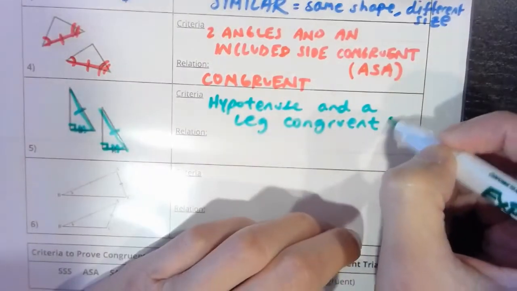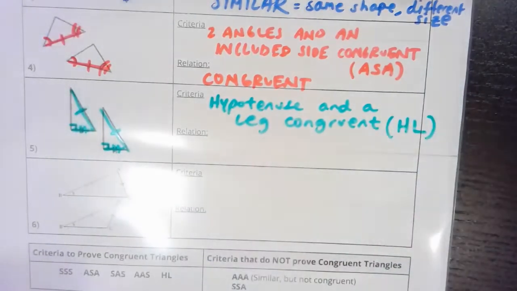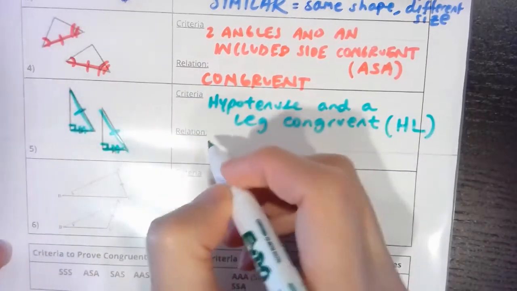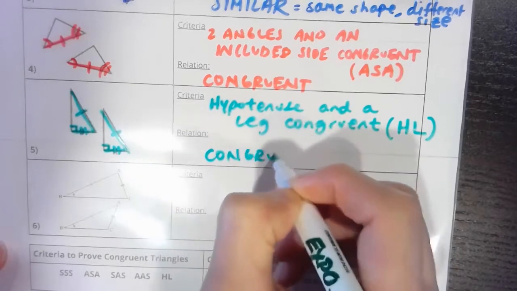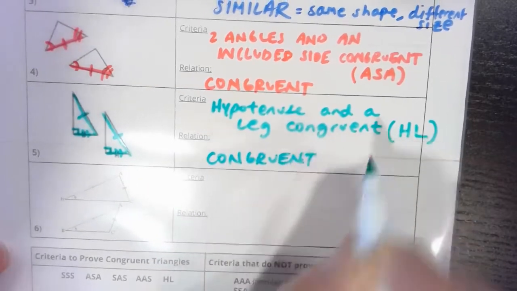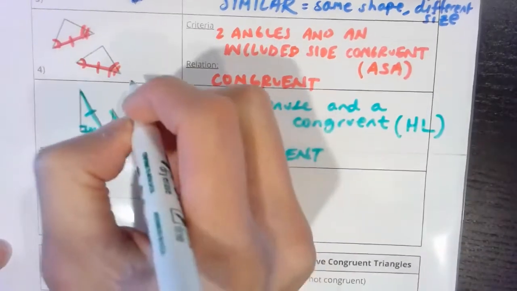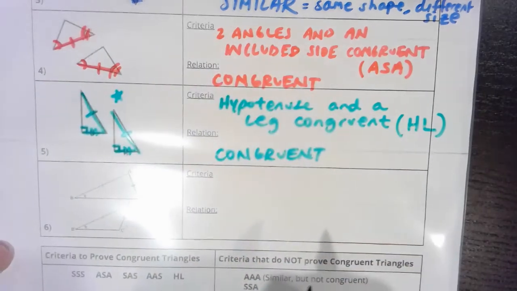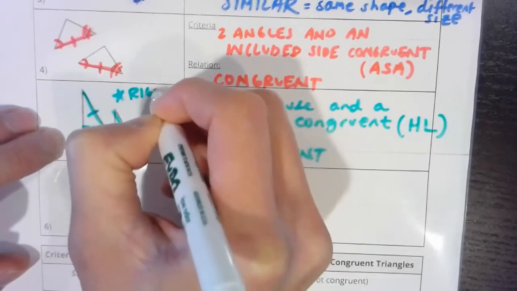The shorthand for this is hypotenuse, H, leg, L. The relationship between those two triangles, in this case, we can conclude that they are congruent. And we're going to make a little annotation here to remind ourselves that this only works with right triangles.